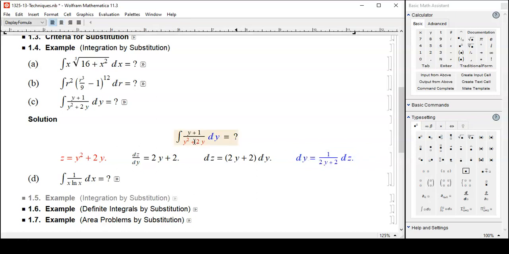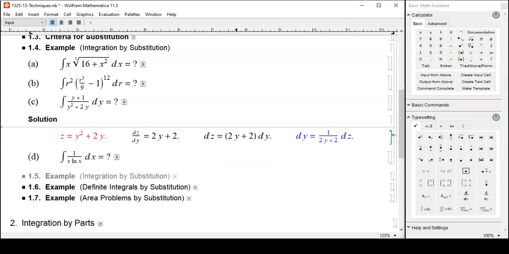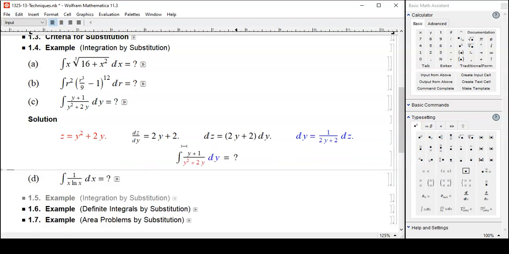Substitution number 1, red. Substitution number 2, blue. Okay, let's go ahead. This one is z, and this one is, well, as we have here.